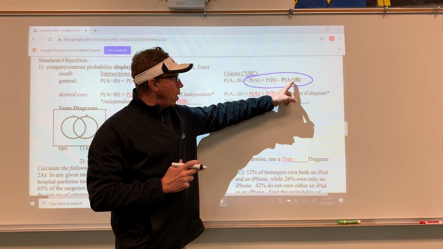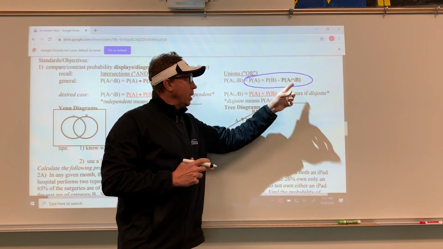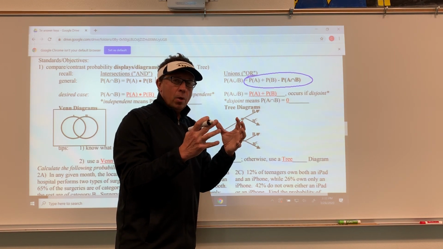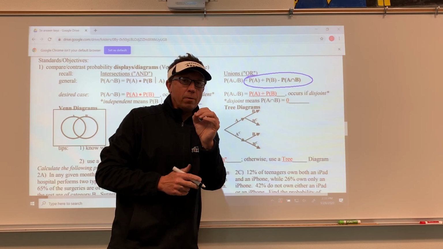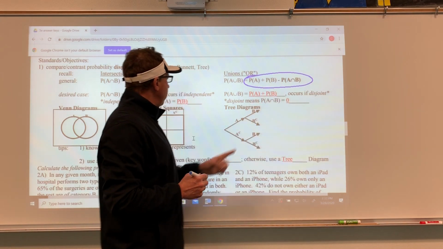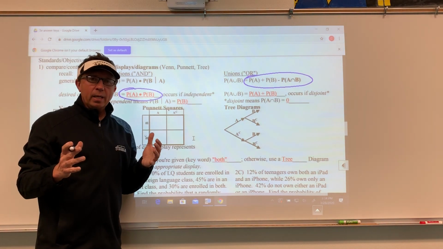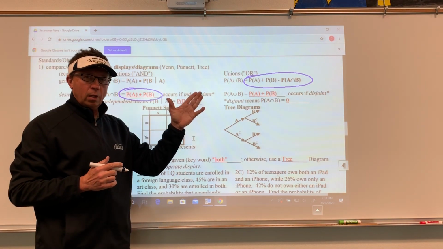Those are the three ways that you find the intersection. Multiplying if they're independent, some given number in the problem, or it's 0 if the events are disjoint or mutually exclusive. So you got to know that, and you got to know that A times B is the intersection if they're independent. Those are the two main things we're going to look at.